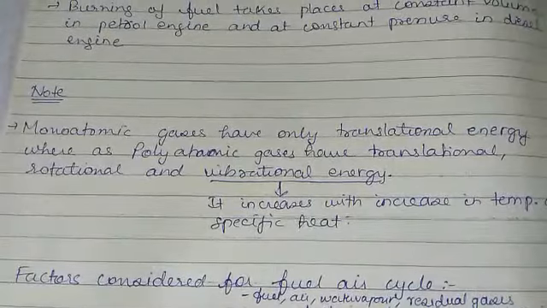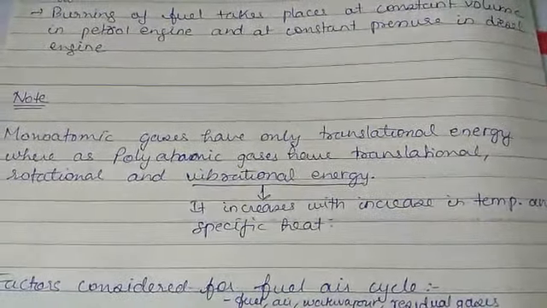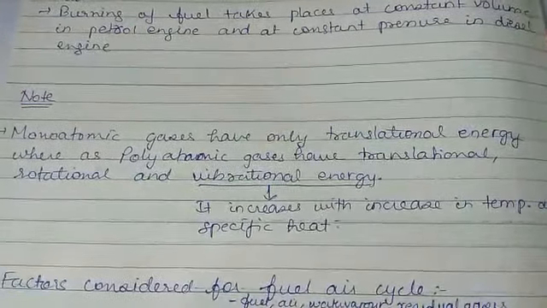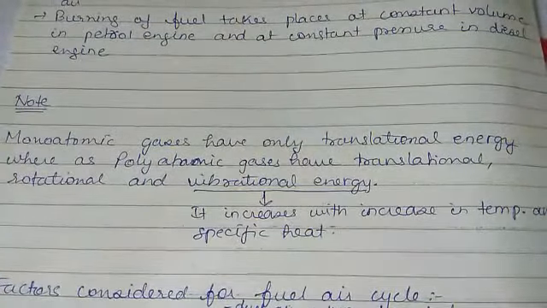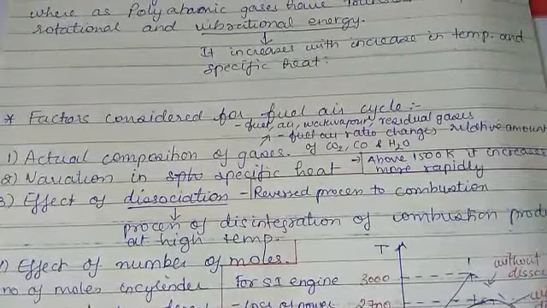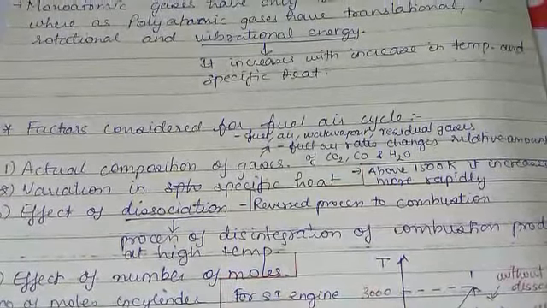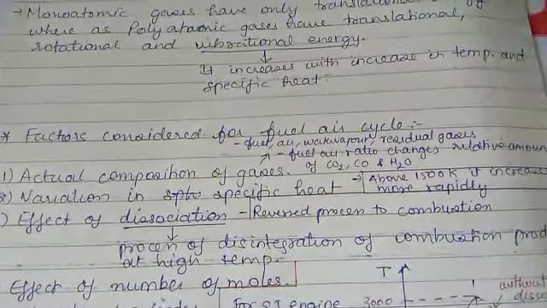This is the important criterion that we have to notice, which will be further used in the following cycles in this chapter. Next topic is factors considered for fuel air cycle, or factors affecting the fuel air cycle.